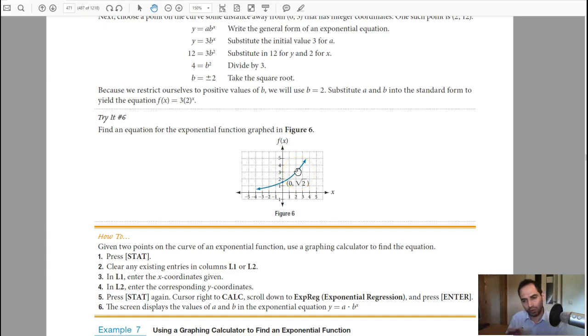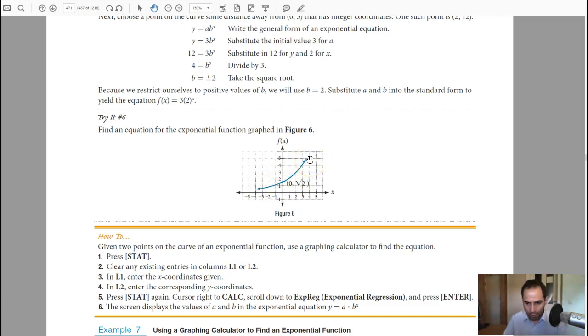You enter those two points into your calculator, and your calculator will calculate a and b for you, as we did in this example, and give you an equation for that graph, assuming it was the graph of an exponential function to begin with.